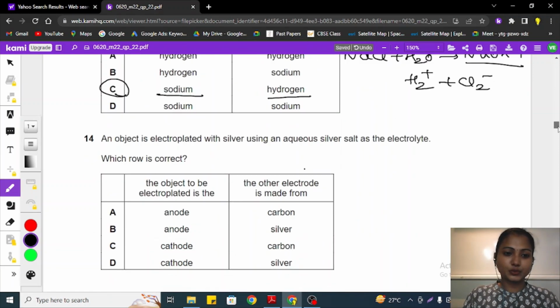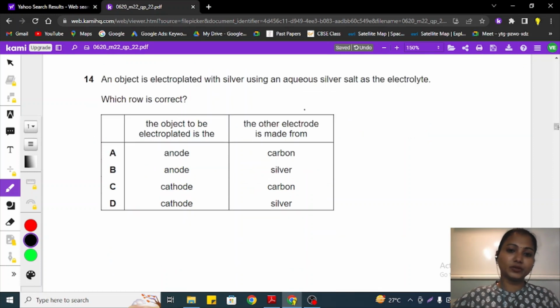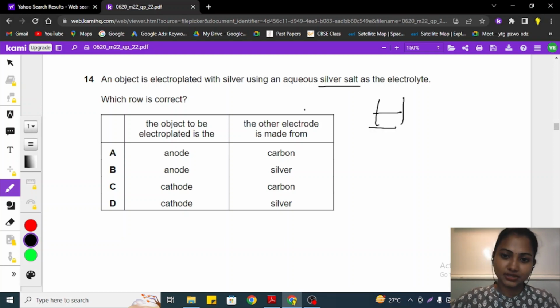Moving forward to the next question: an object to be electroplated with silver using an aqueous silver salt as an electrolyte. So in the electrolytic solution we have silver salt, and we have an object, any metal. It can be zinc, it can be iron, it can be copper. We have to electroplate it with silver.